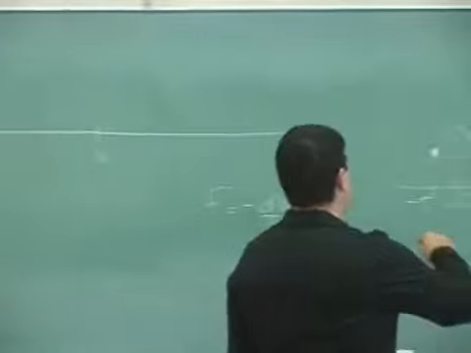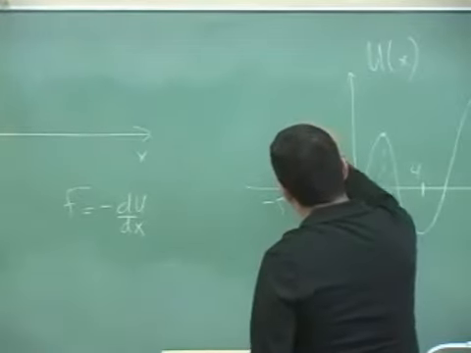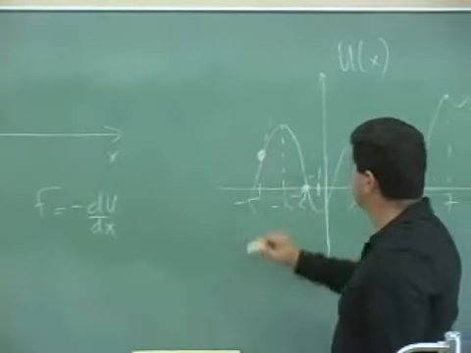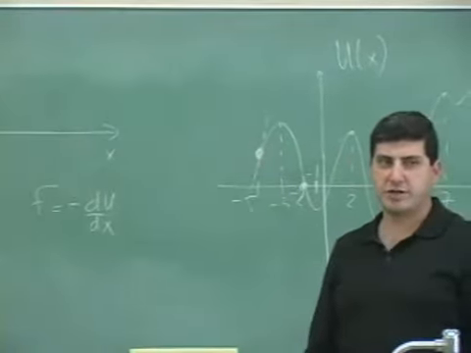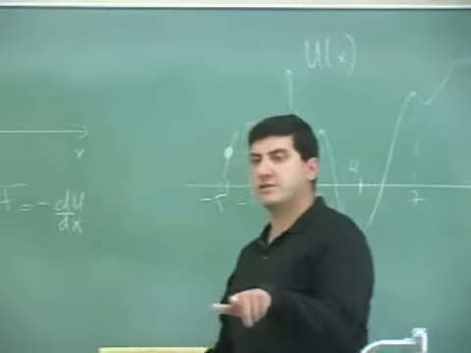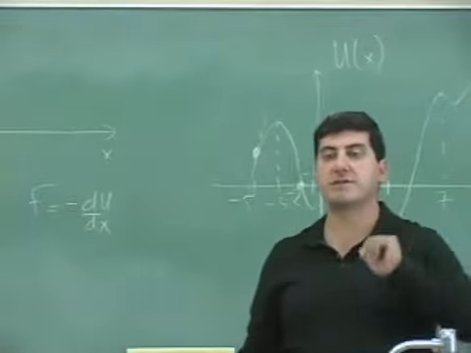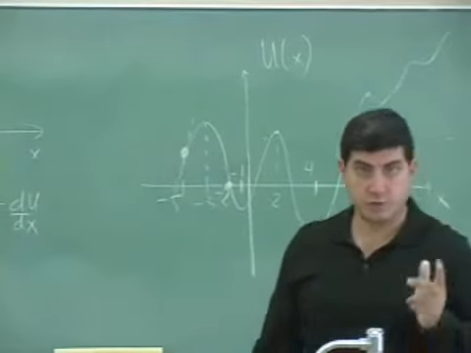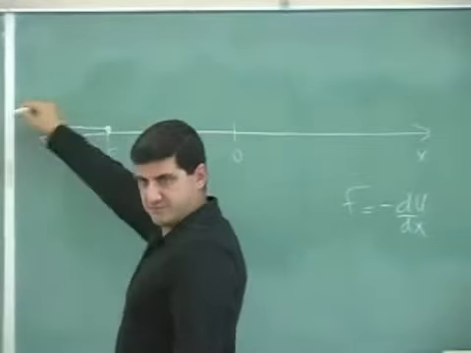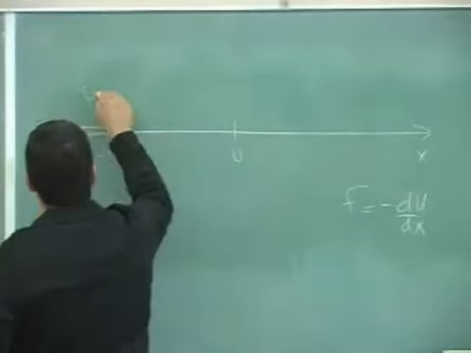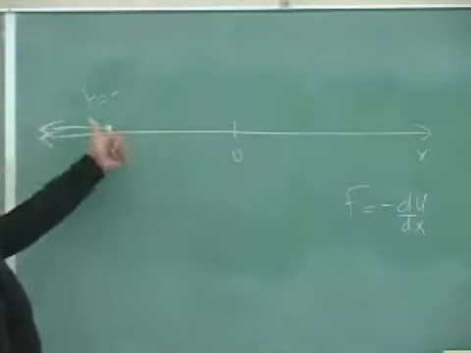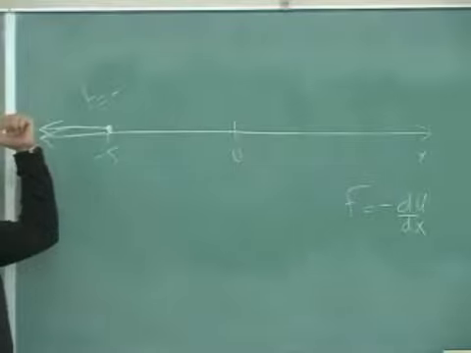So if the object is placed right here, what's the derivative at that location? The derivative is positive, right? The derivative of the potential energy function is positive. The force is negative the derivative, so the force that it feels is negative. So if it feels a negative force, which way does the object move? That way, you see? The object ends up going to x equals -infinity, you see?